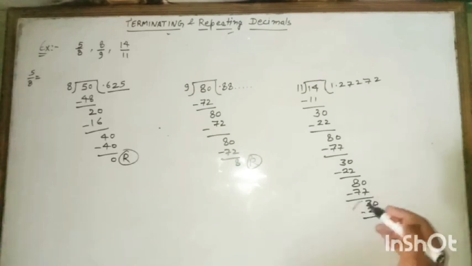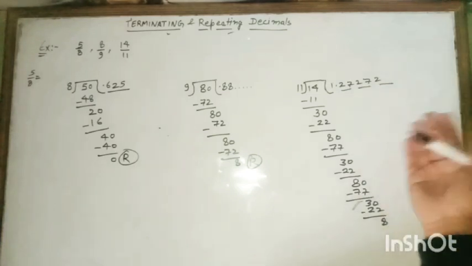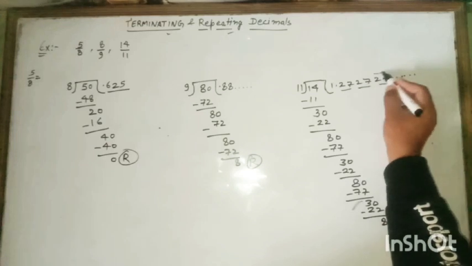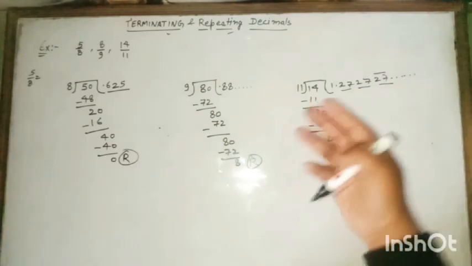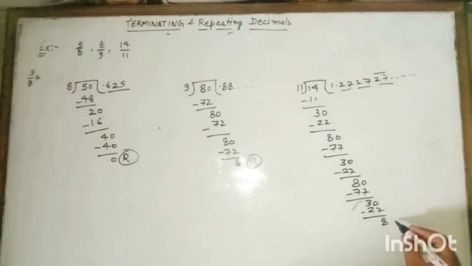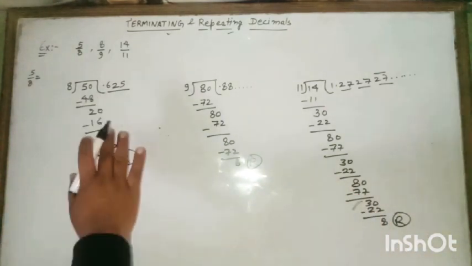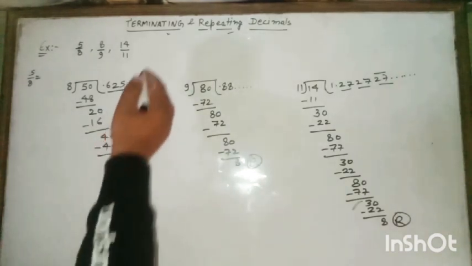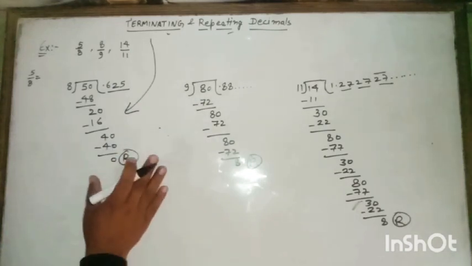Here you can see the digits 27, and again 27, these digits will be repeated again and again, meaning these two numbers will be repeated up to infinity. This means the remainder will never become 0. In the first case, the division will not move further and the remainder is 0, so it is called a terminating decimal, in which the remainder is 0.